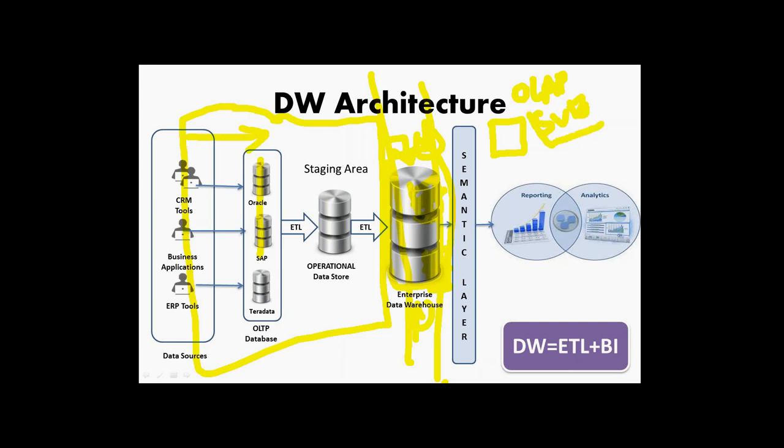Subject area is nothing but, depending upon the subject, all the HR data will be present in a separate schema, all the sales data will be present in a separate schema, all the enterprise level data will be present in a separate schema.